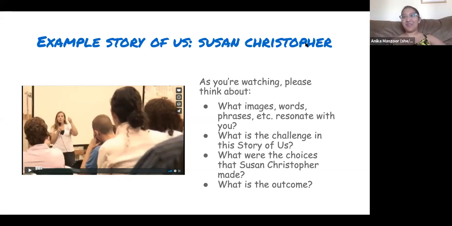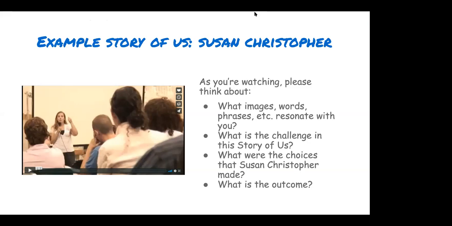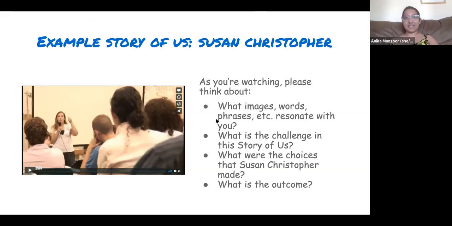Olivia, sorry, I just want to keep track of time, but that was a really great explanation. It ties to a lot of the observations we're seeing in the chat as well, where there's a shared sense of hopelessness. It's not just Susan Christopher. She also says that you all may be feeling this way as well.